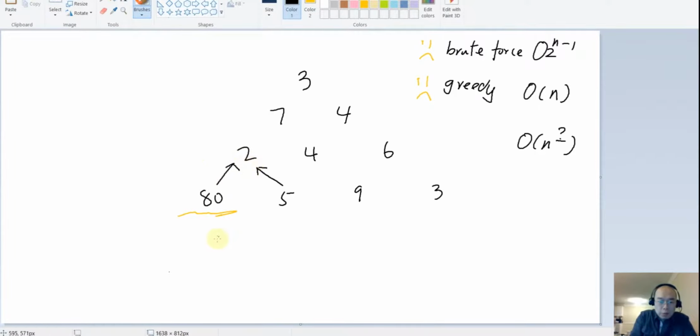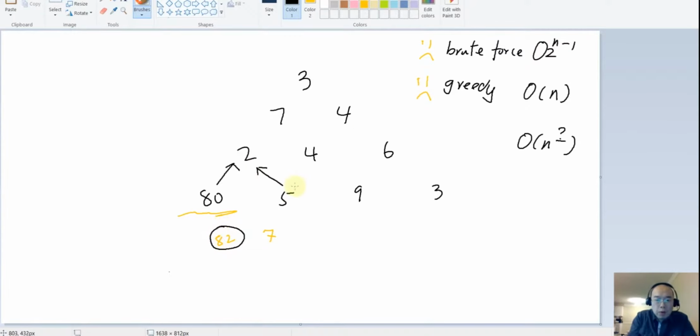And if we trace 5 to 2, we get a 7, right? So at the node 2, we have to make a choice: do we want the 80 traced up to 2, or the 5 traced up to 2? We of course want to pick the 82, right?